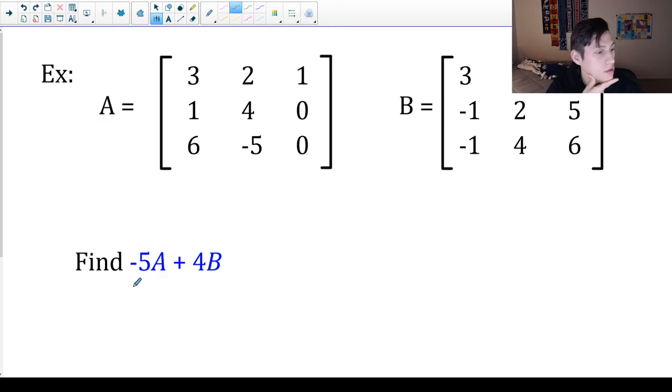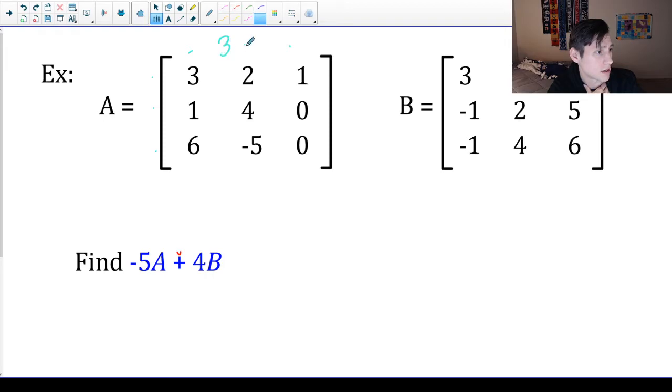Okay, so as an example, let's have these two matrices, A and B. I have a scalar multiplication for each, and then I also want to add the two matrices together. Well, remember, before I add these together, I first need to make sure they're the same dimension. So 1, 2, 3, 1, 2, 3.